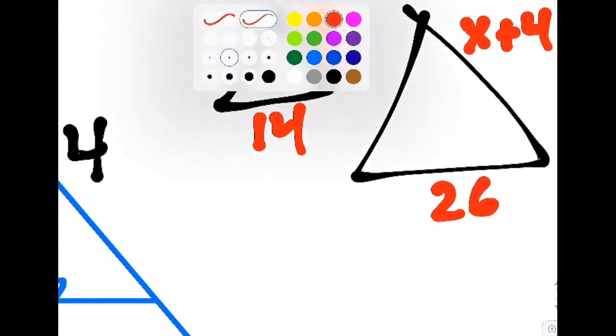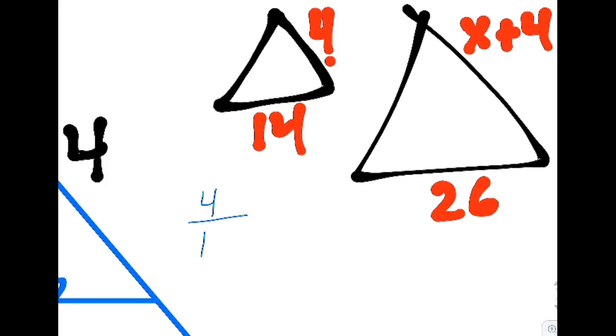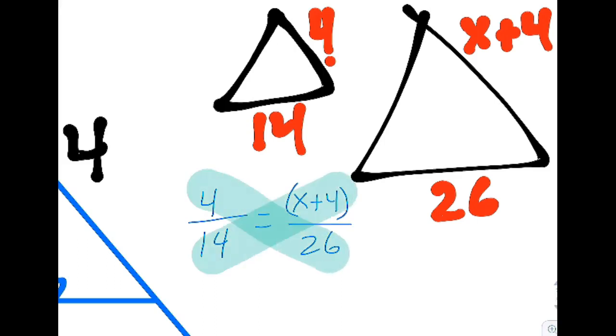So taking that, we have 4 over 14 equals x plus 4 over 26. And then we'll cross multiply, find the cross product, and solve for x. So we have 14 times x plus 4 equals whatever 4 times 26 would be. Don't forget you have to distribute there.